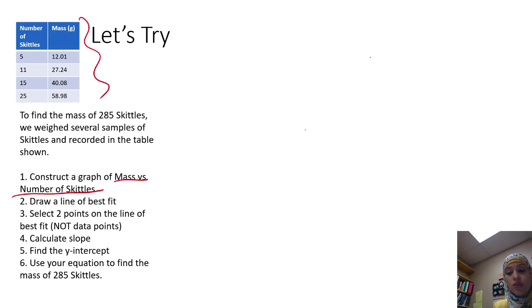You're going to calculate the slope, and you're going to find the y-intercept. And basically, you're going to write a generalized equation, and then use that equation to figure out the mass of 285 Skittles. You may ask me, why would I bother with this entire process if I can just stick 285 Skittles on a scale and call it a day?